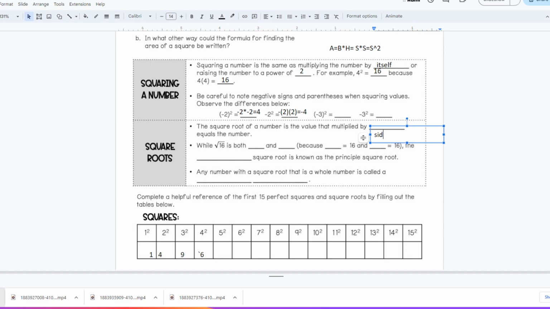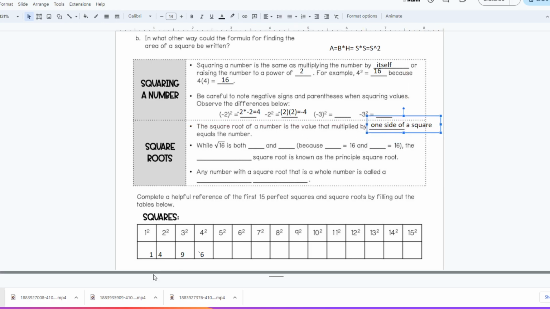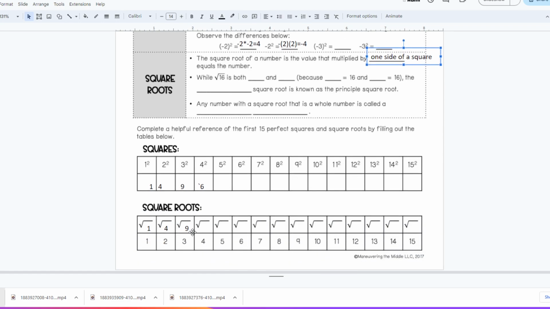I'm going to put the side of a square, one side, to be more specific. It's just one side. That's it. So just like down here, you have the square root of 9, one side of that square is 3 because 3 times 3 is 9.